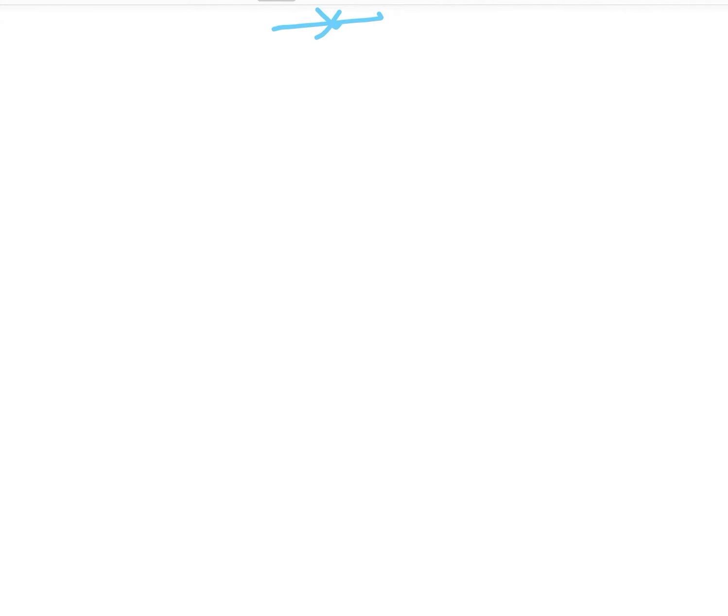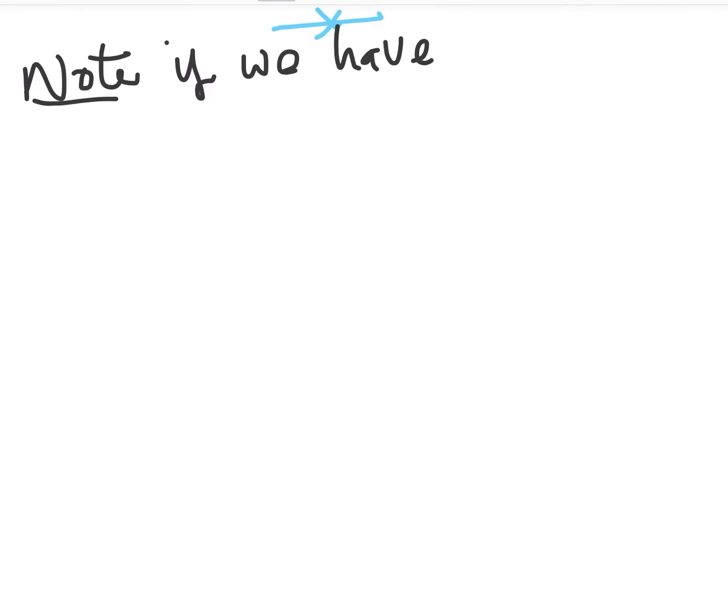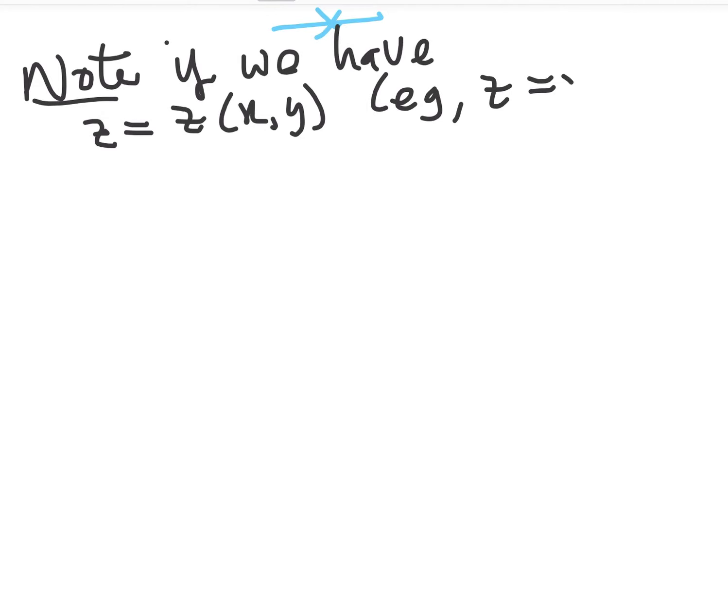So just a very important note: if we have z being equal to some function of x, y, for example, z equal to x squared plus y squared, and you may recall this was the circular paraboloid surface.